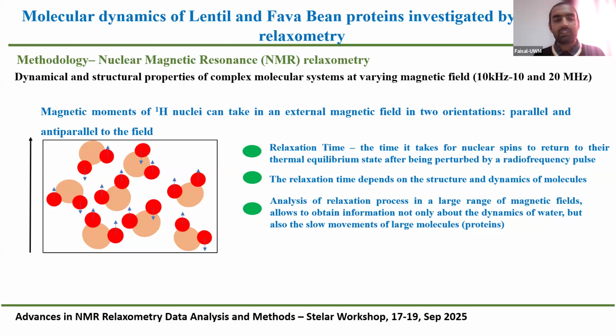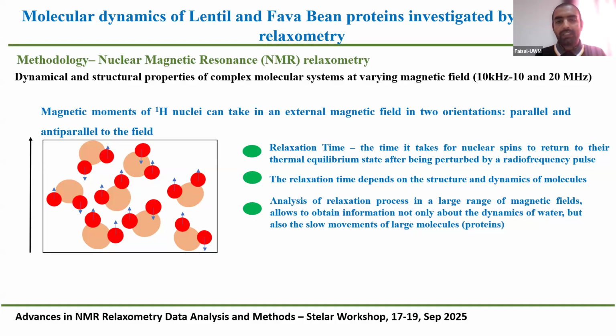As you can see in the picture, we have the parallel orientation and the anti-parallel orientation to the field. These orientations are associated with energy, or in other words, there are two energy levels available for the 1H nuclei. The energy levels are populated according to the Boltzmann law, that is, the lower energy level is more populated.